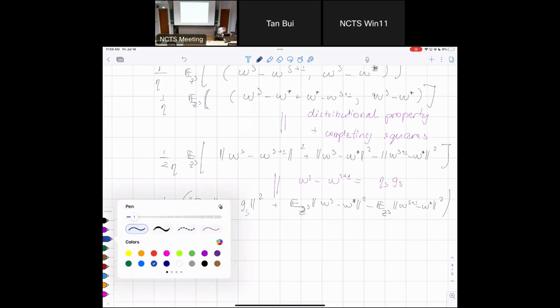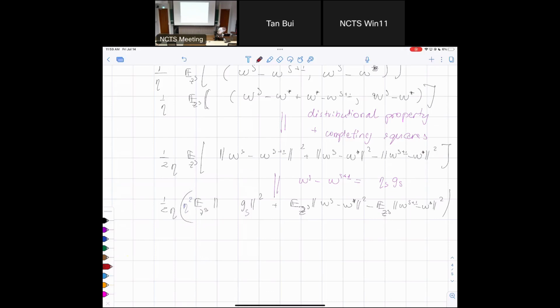And remember that expectation of G_S, by assumption, our expectation with respect to any Z, in particular here G_S, Z_S square is less than or equal to L square, right?